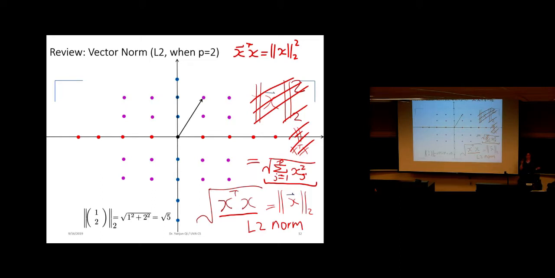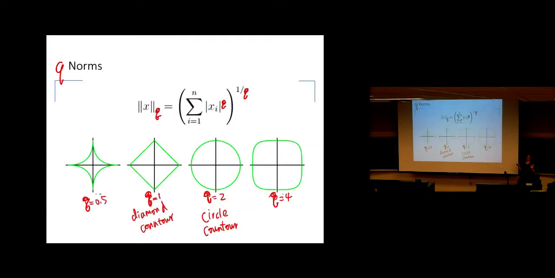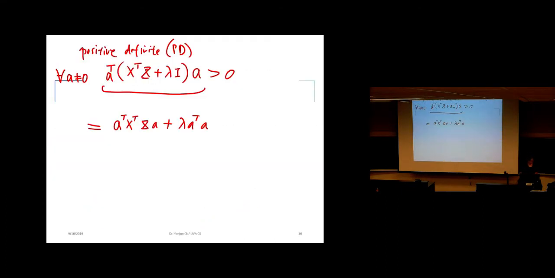So X transpose X, whatever vector transposed times itself, this is the L2 norm squared, plus lambda, because lambda is larger than 0 and A is not a zero vector, so it absolutely has a certain length.